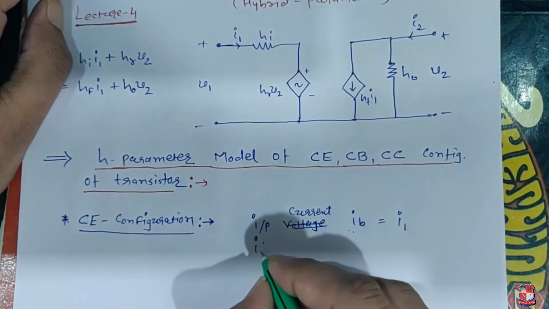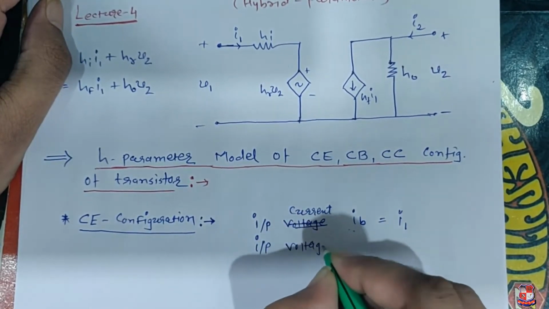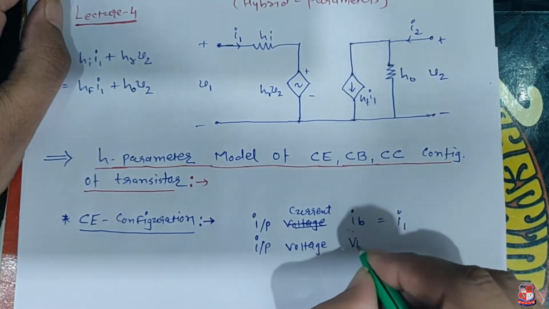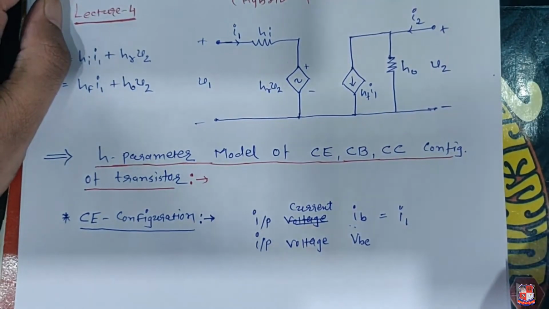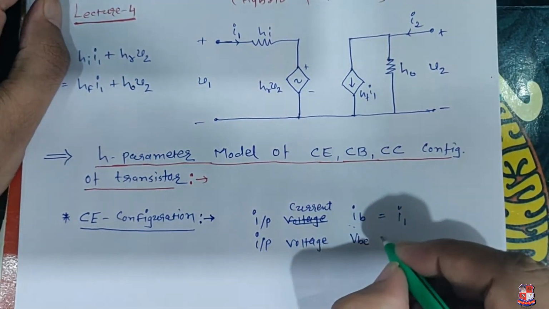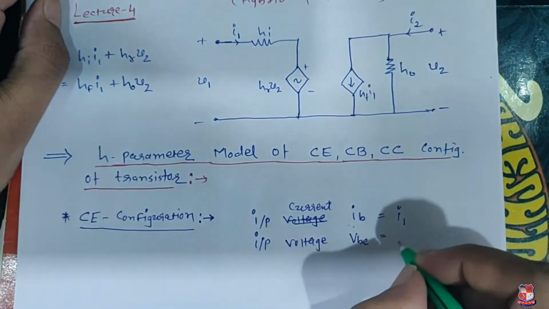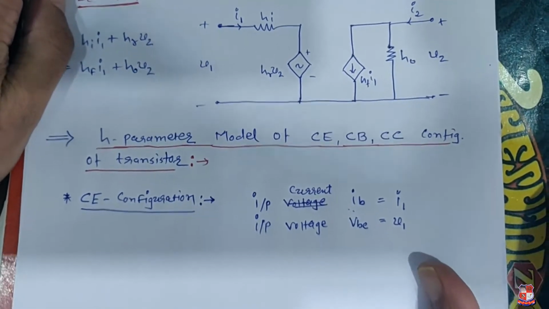Now the input voltage is nothing but VBE. Here it is V1. So we will replace V1 with VBE.